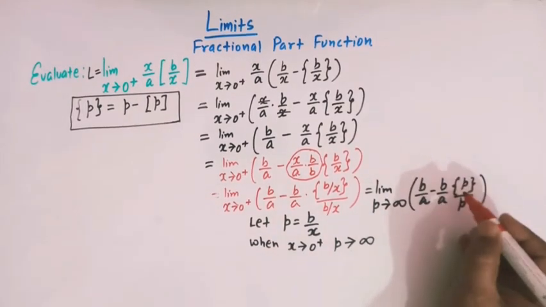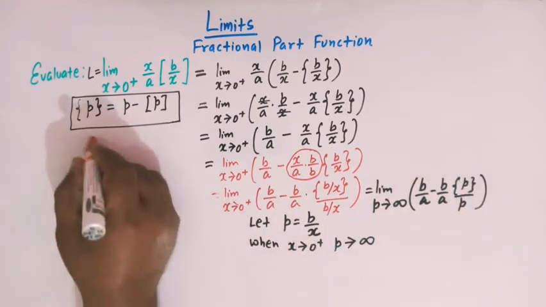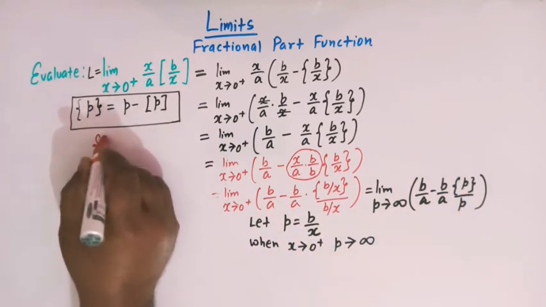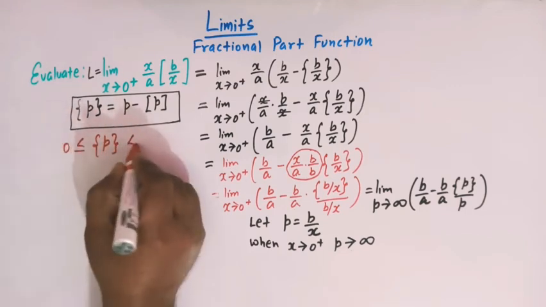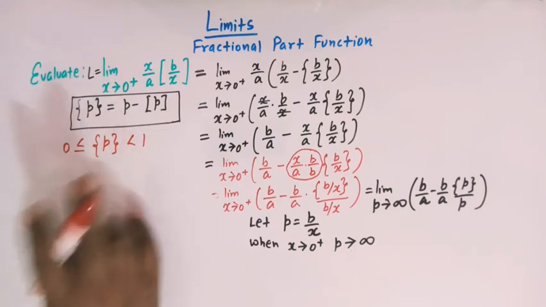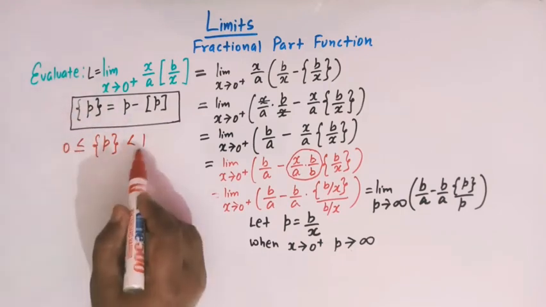So now here we'll again make use of the definition of fractional part function, and see, this fractional part of p lies between 0 and 1, right? So the range of the fractional part function is from 0 to 1.